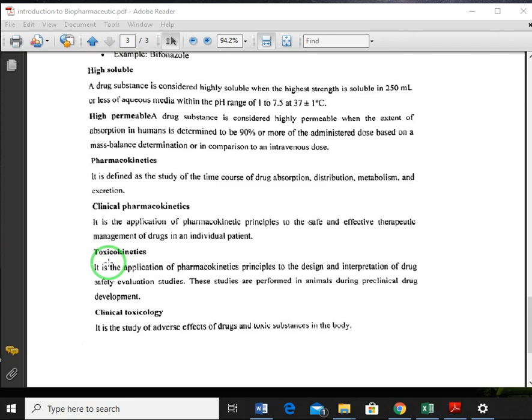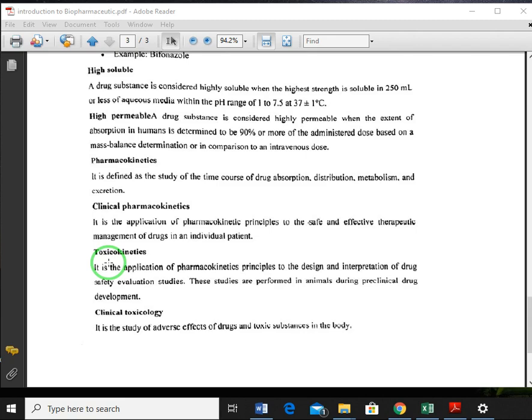Definitely we can't give these doses to humans. So first in the preclinical studies, these doses are administered to experimental animals according to their weight, and then we measure their toxicokinetics.